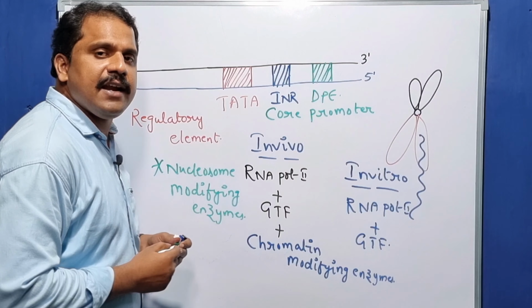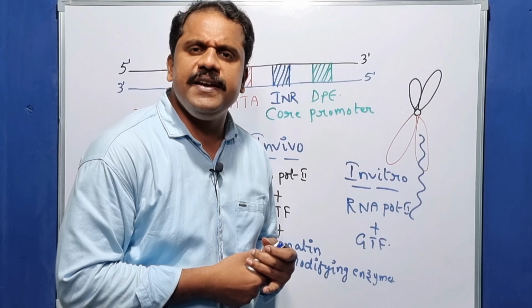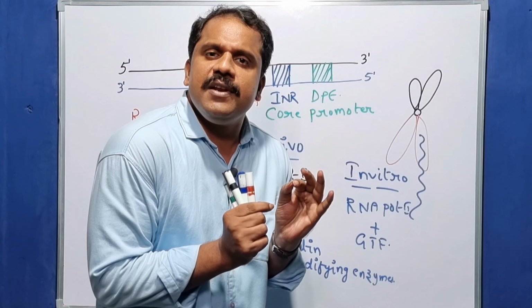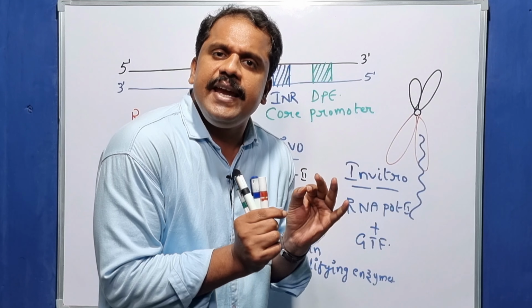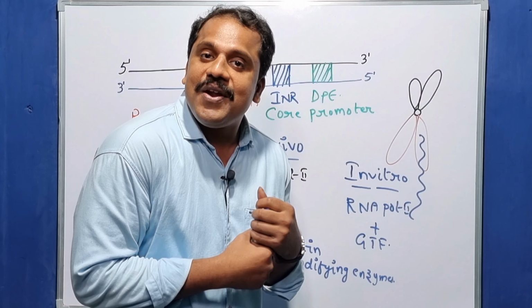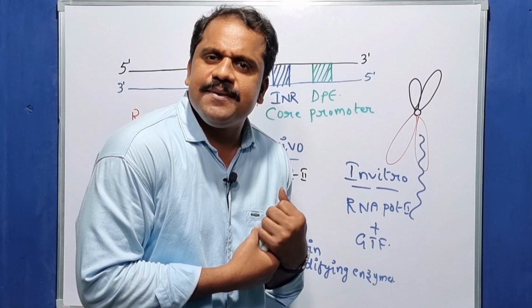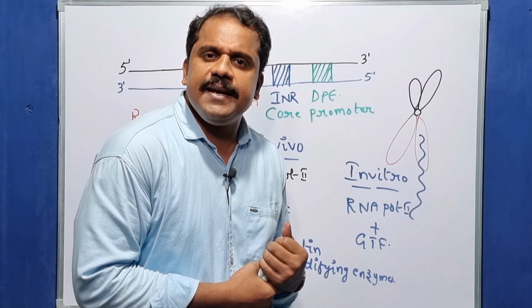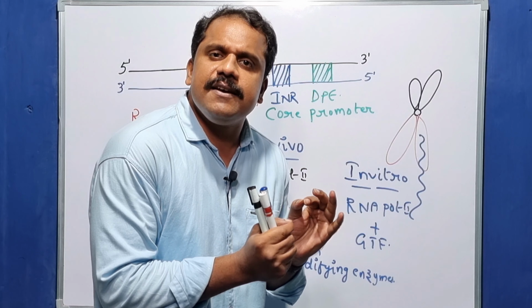By taking advantage of these enzymes, the specific DNA which wraps around the histone octamer successfully unwraps, and the specific DNA acts as a template for organizing the transcription process in eukaryotes. So this is regarding the promoter region in eukaryotes.